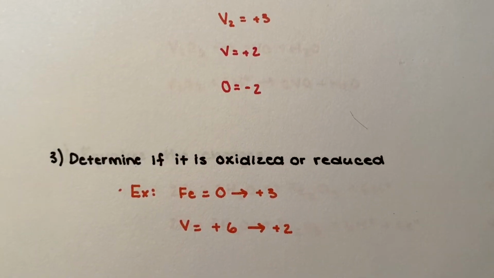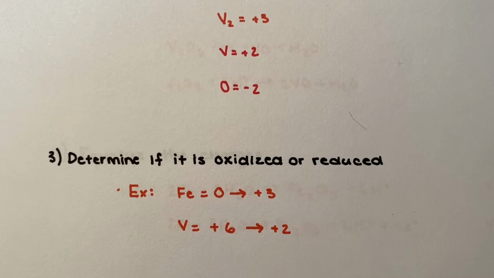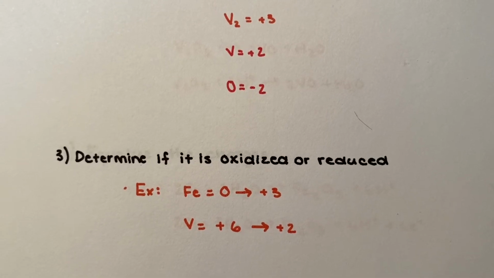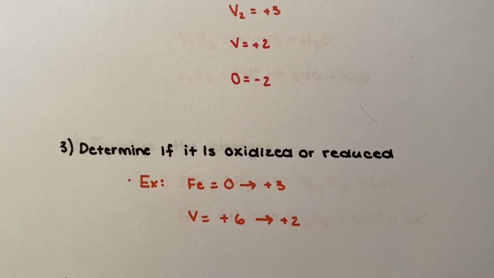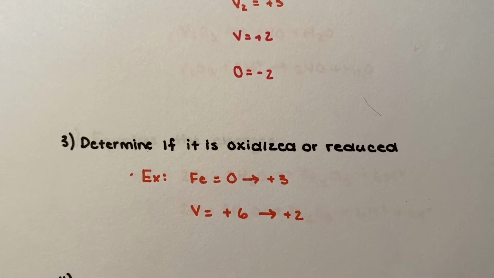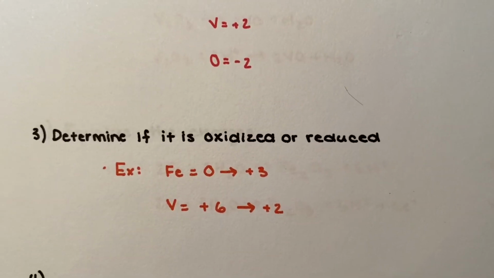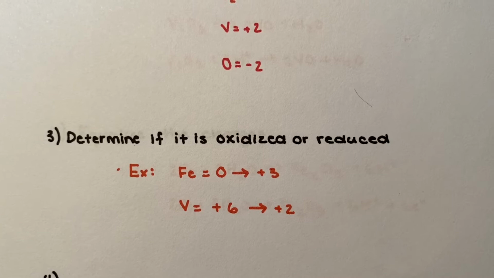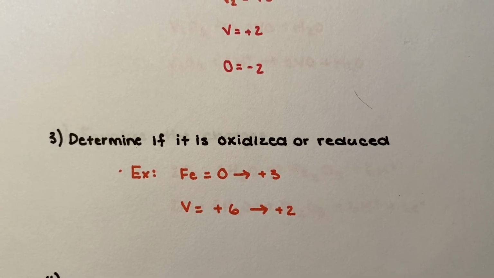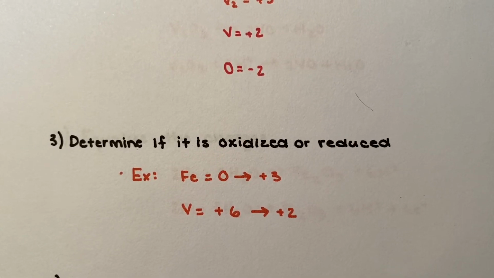So next up, we have to determine if one of our species is oxidized and one is reduced. Looking at our oxidation states in the previous step, we need to determine if one is being oxidized while the other is being reduced.